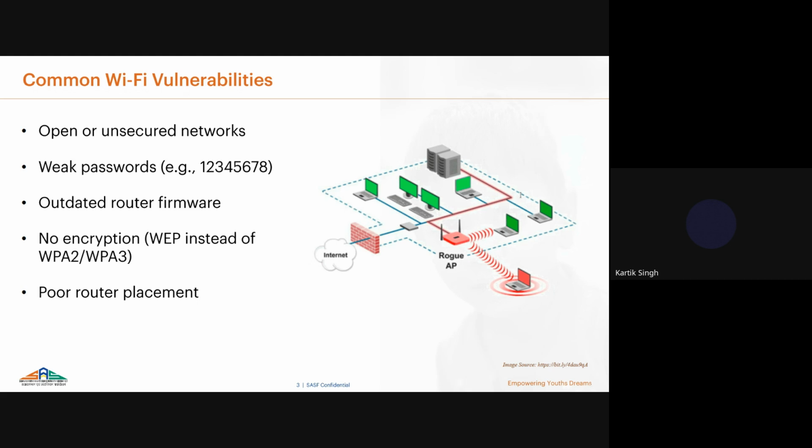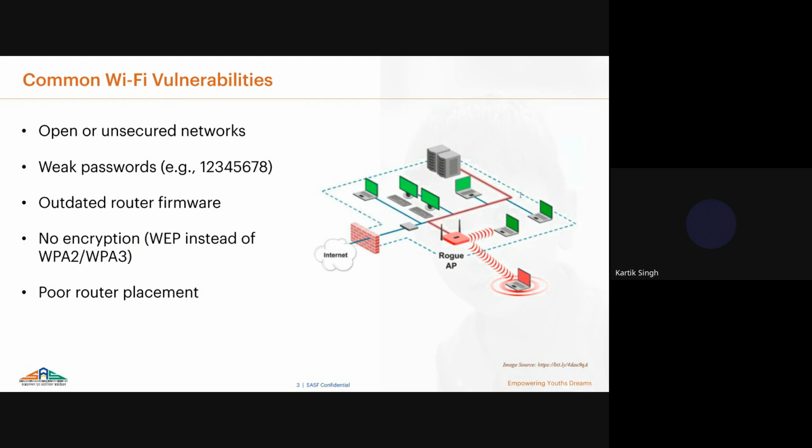Now, another common vulnerability for Wi-Fi is poor router placement. Router placement matters a lot. As we discussed for WPA2, if the hacker is in the vicinity of your router, they can eavesdrop on your data.